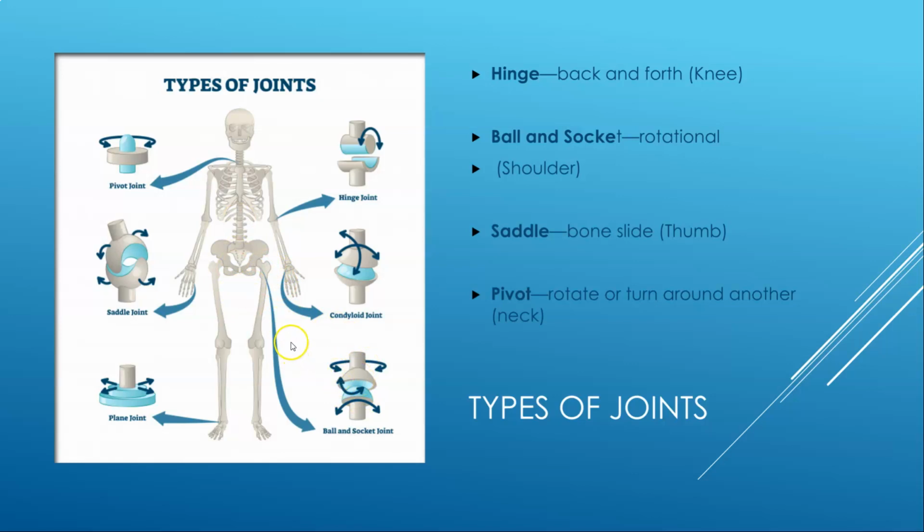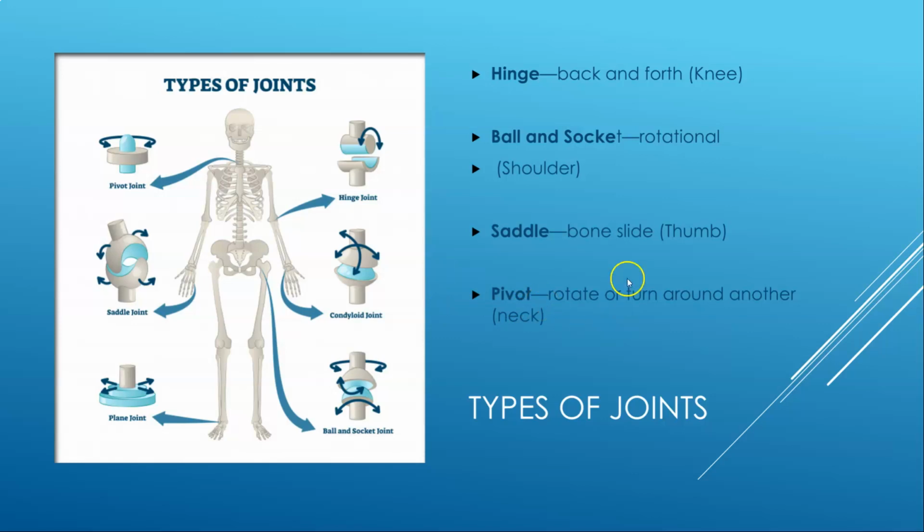The saddle joint, I think I've also heard this one called a gliding joint, is where these two bones slide across each other. Your thumb is an example of a saddle joint. And the pivot joint is where you have a fixed rotation around another bone.